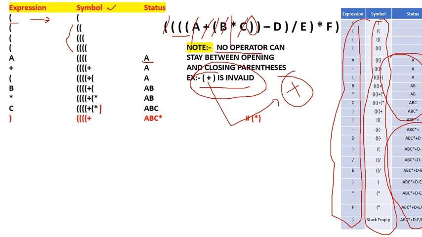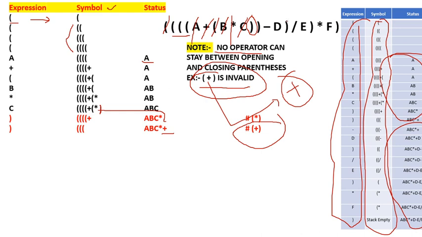Now it is not possible to write this on the symbol column, so we have to immediately pop out the multiplication operator, and it will go on the status column. Again you will see another closing bracket, and the same condition will apply. Plus is placed between two parentheses, so you have to pop out plus as well, and it will be written in the status column.